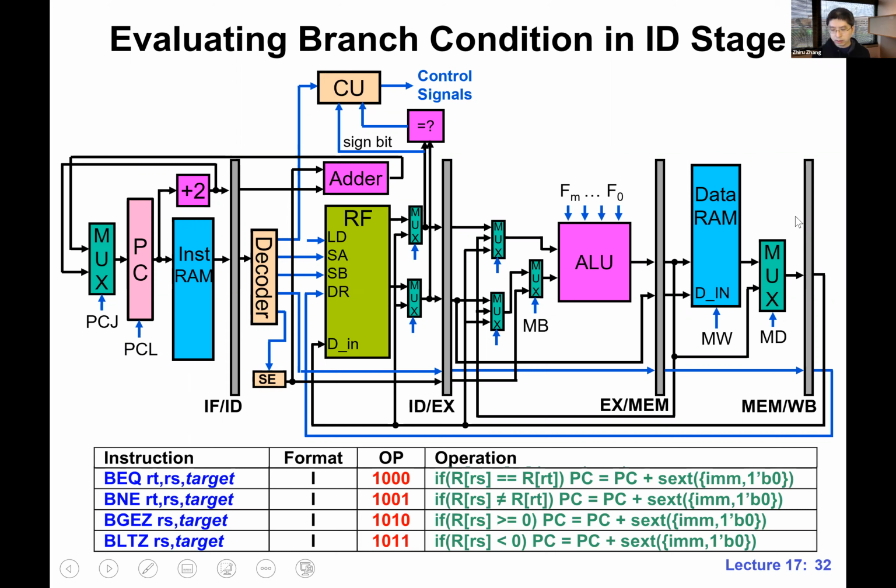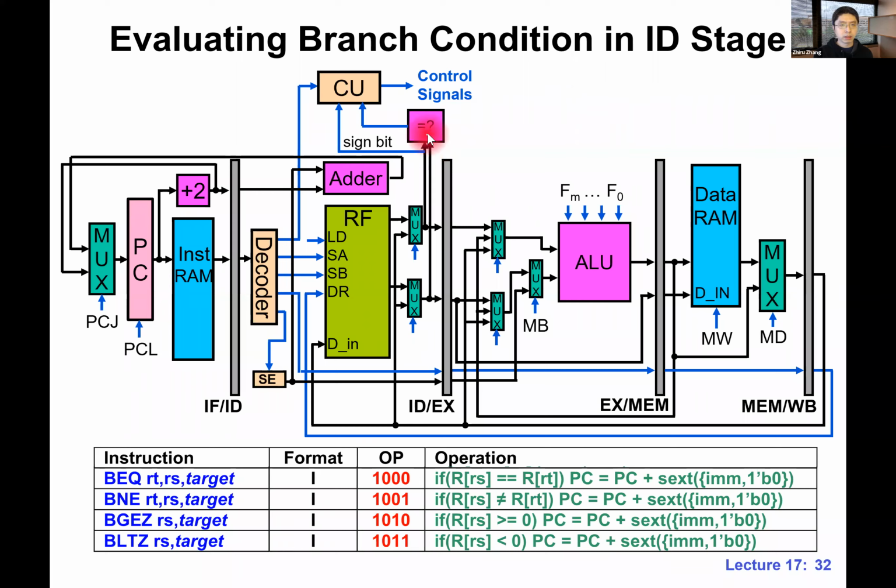We can already make a comparison. So why don't we just allocate a comparator over here? Let's just introduce some additional logic. We don't have to introduce a full-featured ALU. Agree? Let's just introduce a comparator like this. This is a symbol for comparator where we are just checking the equality or inequality.